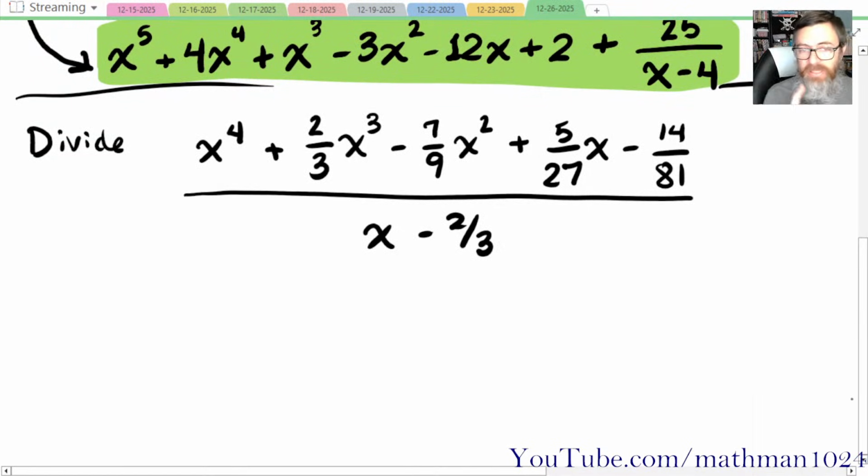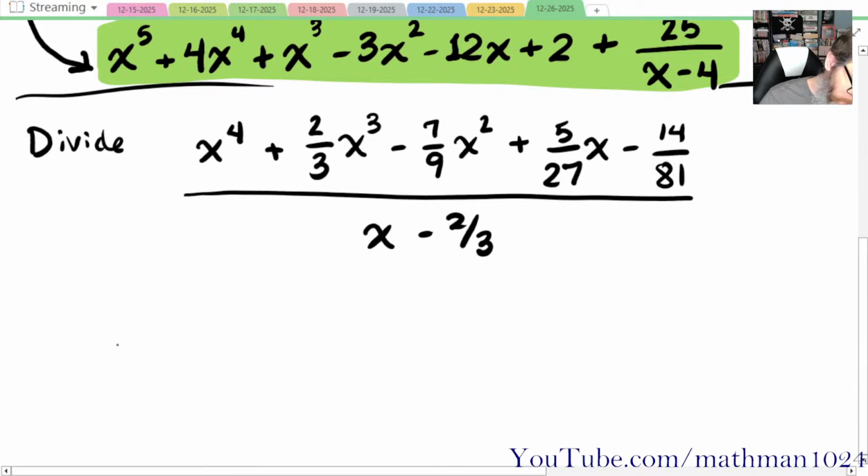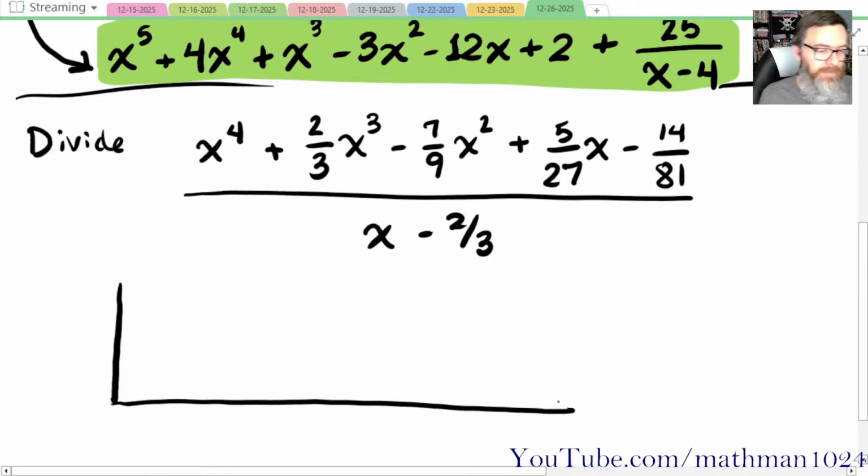Let's see if you can set this up and kind of get started on the synthetic division process. You know what? I'll give you a bit of a hint. Start with that.